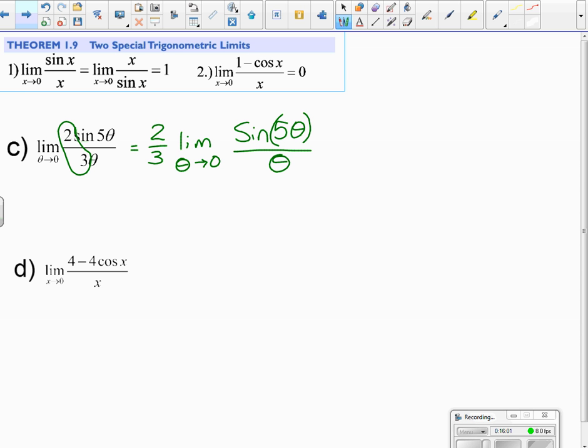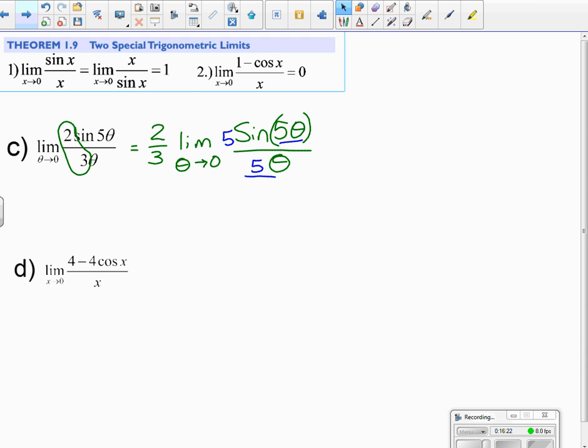Well, like we did last time, we said, you know what? If we have 5 theta here, we need 5 theta there. But in order to do that, I'm going to have to multiply by 5 over 5 because 5 over 5 is like multiplying by 1. Okay, now here's where we get very magician-y.